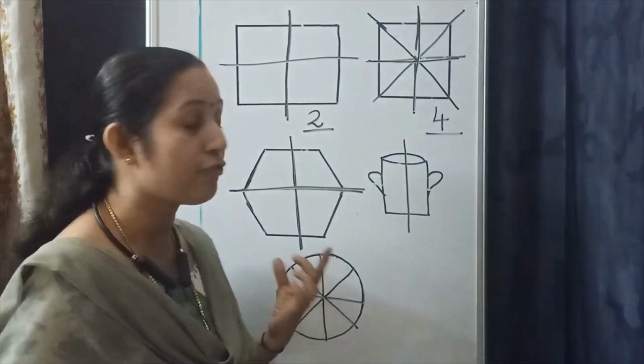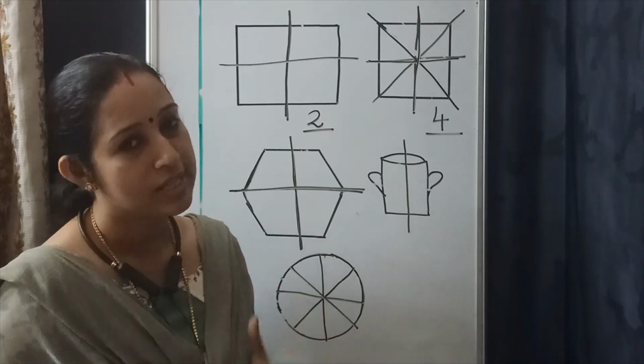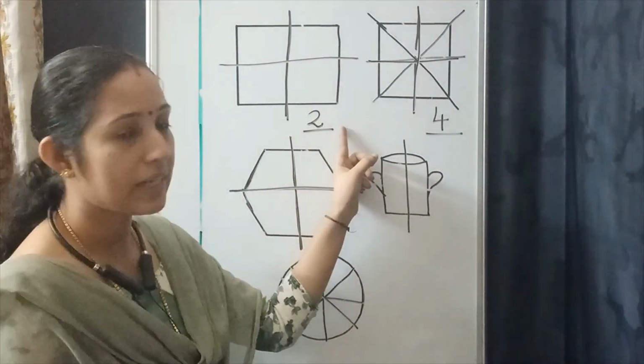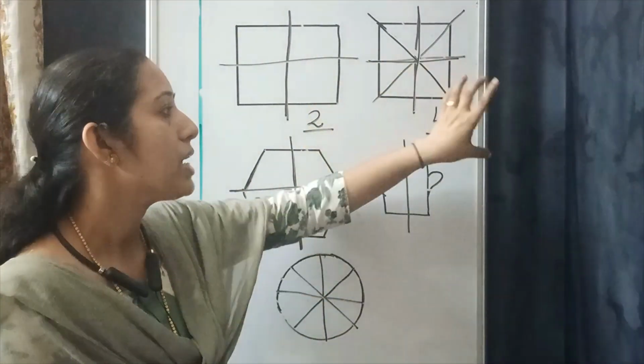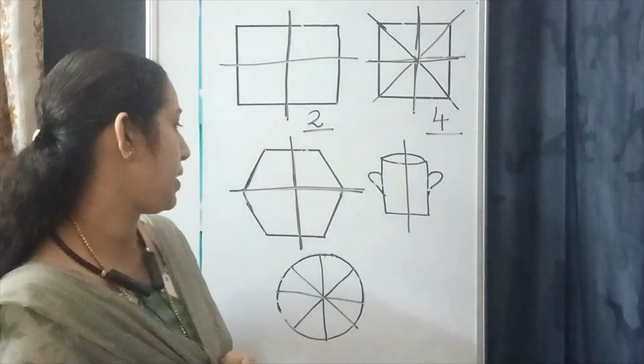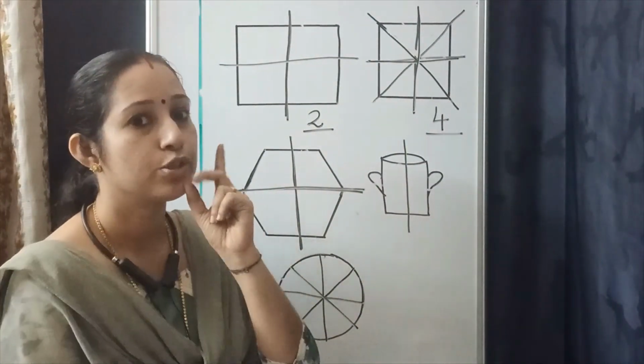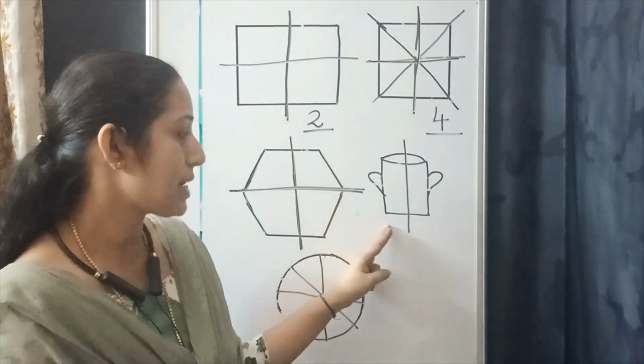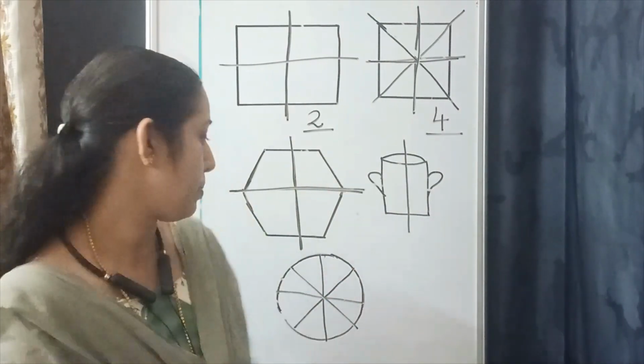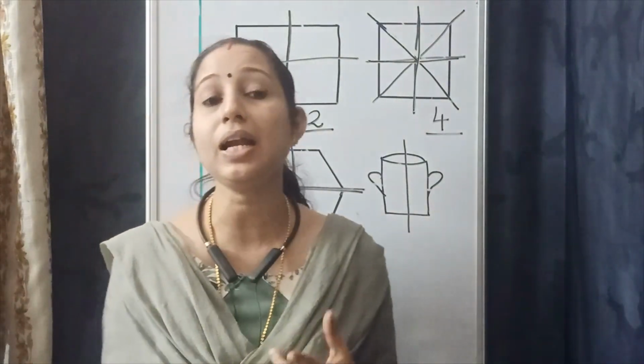A circle has an infinite number of lines of symmetry. But a rectangle has two lines of symmetry, a square four lines of symmetry, a hexagon two lines of symmetry, this mark one line of symmetry, but a circle has an infinite number of lines of symmetry.